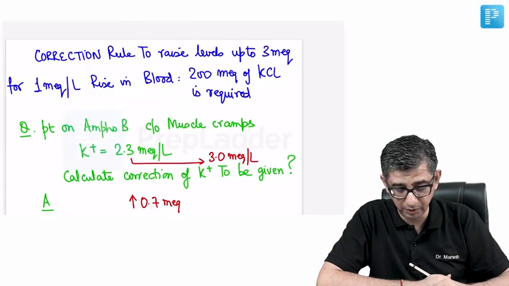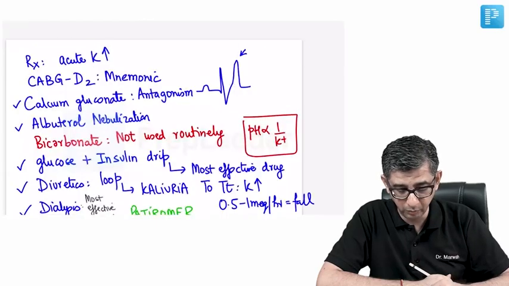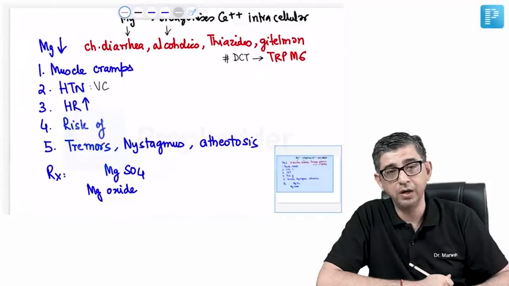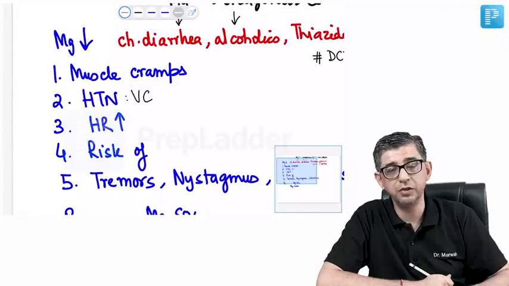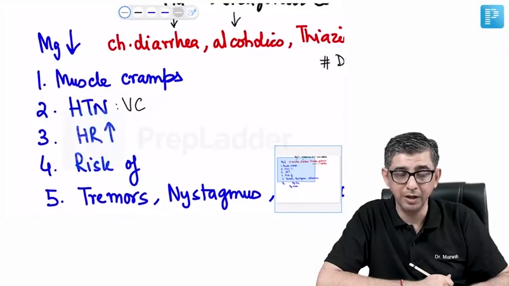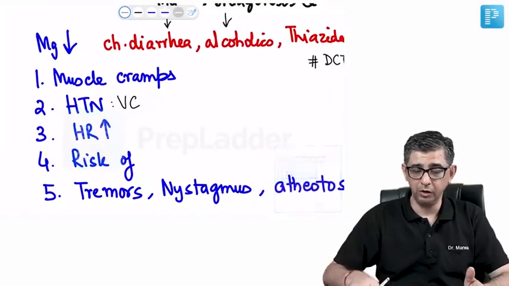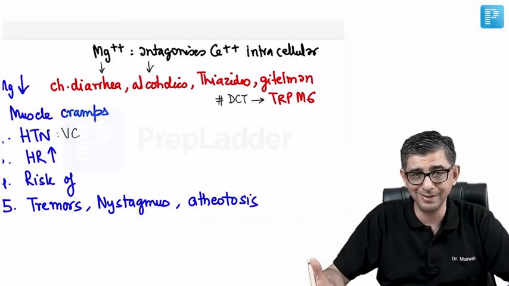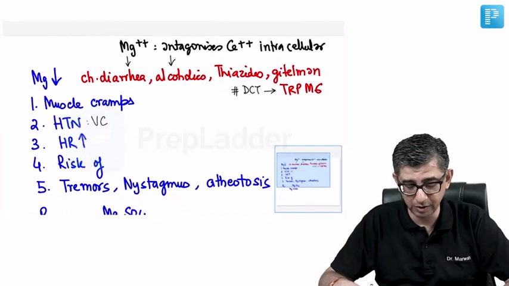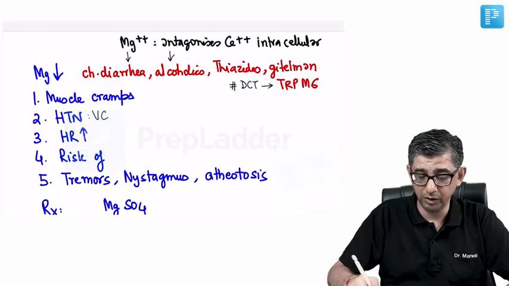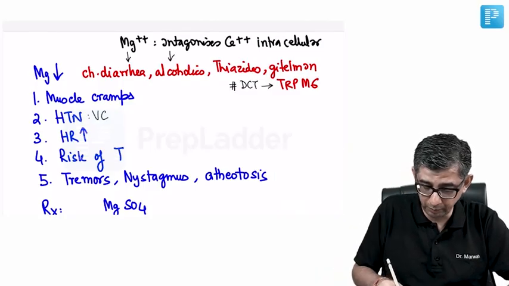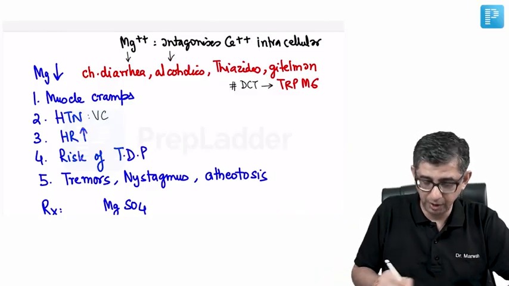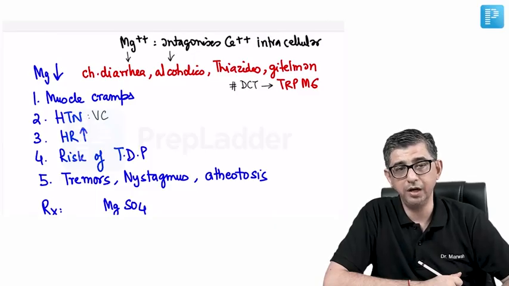Muscle cramps are common between both conditions, but differentiating features include hypertension, and the logic, once again, is that magnesium antagonizes the effect of intracellular calcium. Now this antagonism is lesser, which explains the increase in blood pressure. In fact, in these patients there is also a risk of development of torsades de pointes. Both hypocalcemia and hypomagnesemia predispose to torsades de pointes.